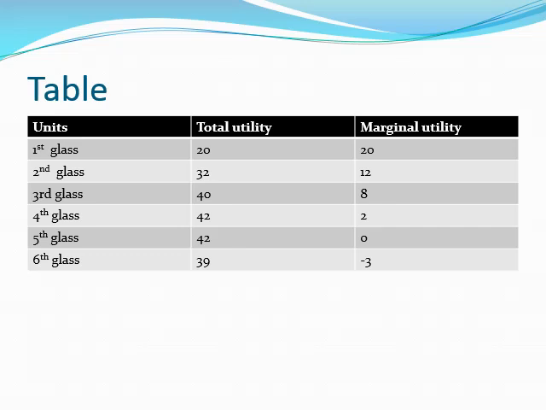For the fourth glass, the total utility equals 42 and the marginal utility equals 2. The summation of all marginal utilities equals 20 plus 12 plus 8 plus 2 equals 42. The fifth glass gives 0 marginal utility. Now the total utility is 42, constant.